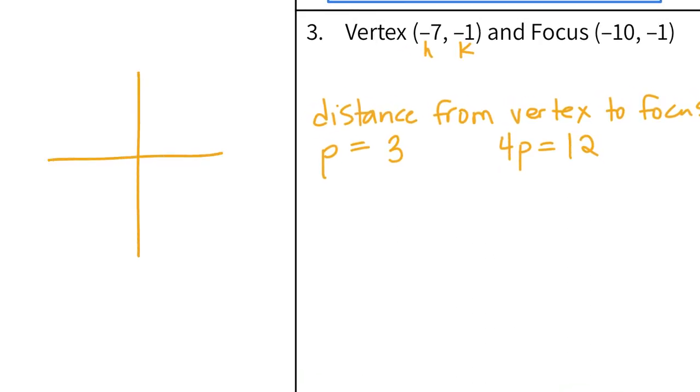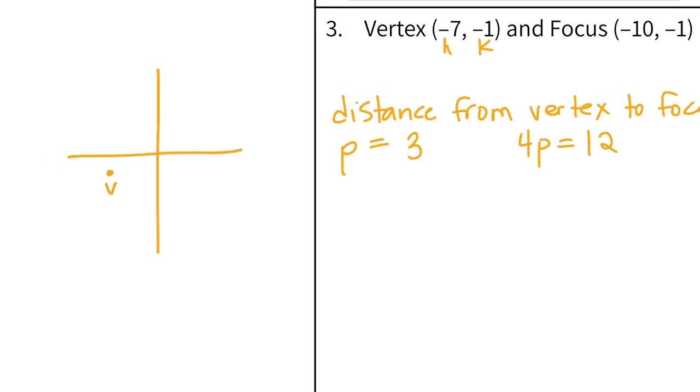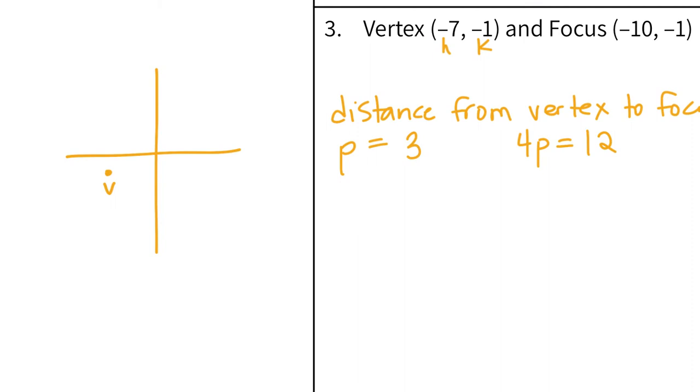If this was my coordinate plane, my vertex is at -7, -1. I'm going to put V for vertex. Okay, then it says that the focus is at -10, -1. So I would have to go a little bit farther out, and then that would be the focus. If you remember your vocabulary, the focus is always inside of the parabola.